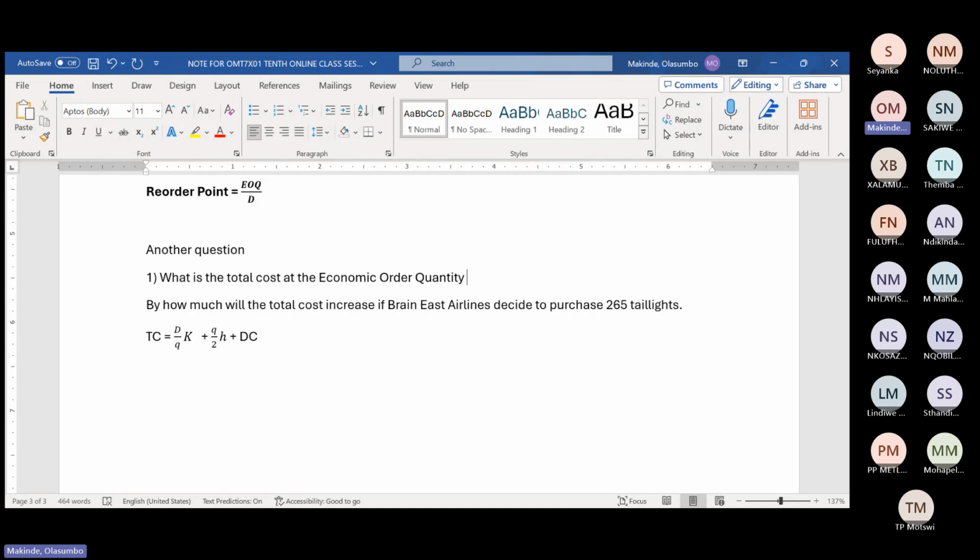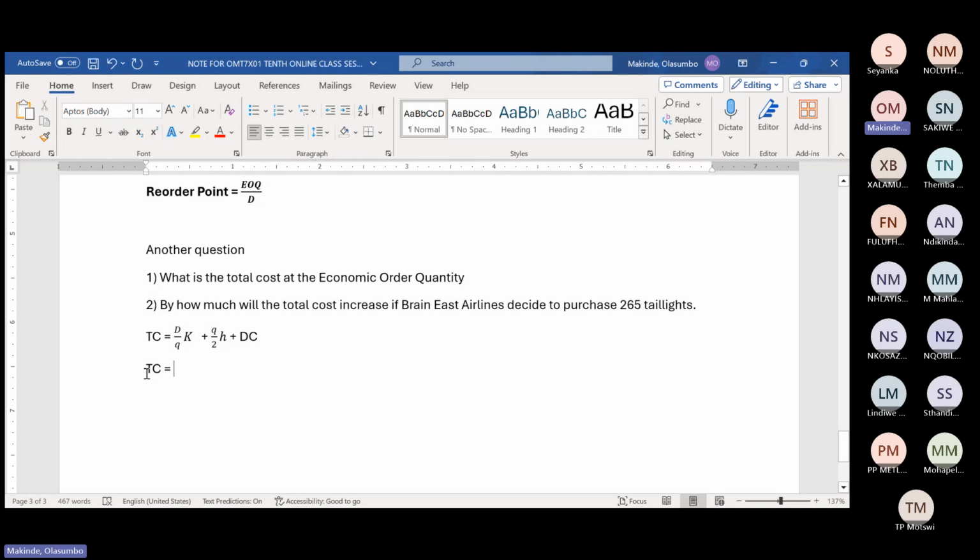If the question is asking you this, we can leave this DC in it, but it's still fine. It doesn't matter, because if you remove it, it will still be fine, whether you leave it or you remove it.